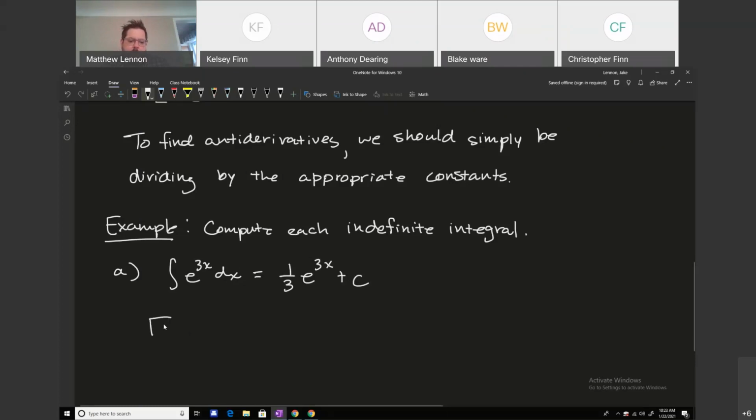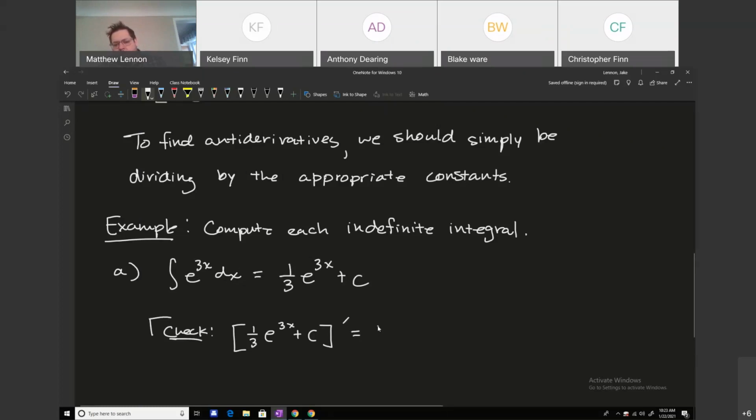And we can check that by taking its derivative. If you take the derivative of 1/3 e to the 3x plus a constant, well, we know the derivative of the constant is always 0, so that goes away.